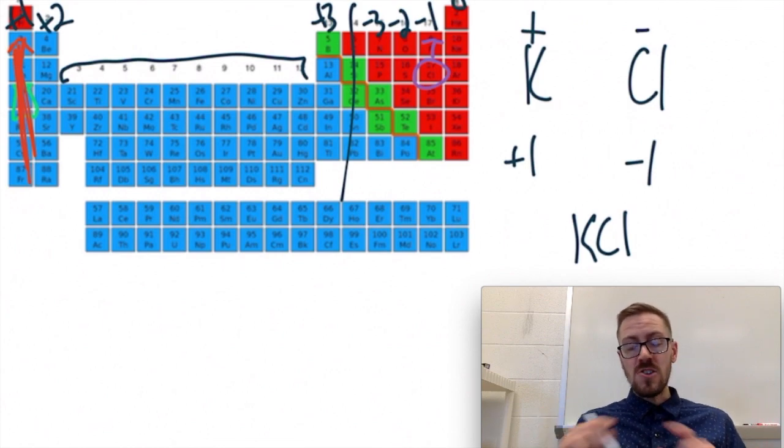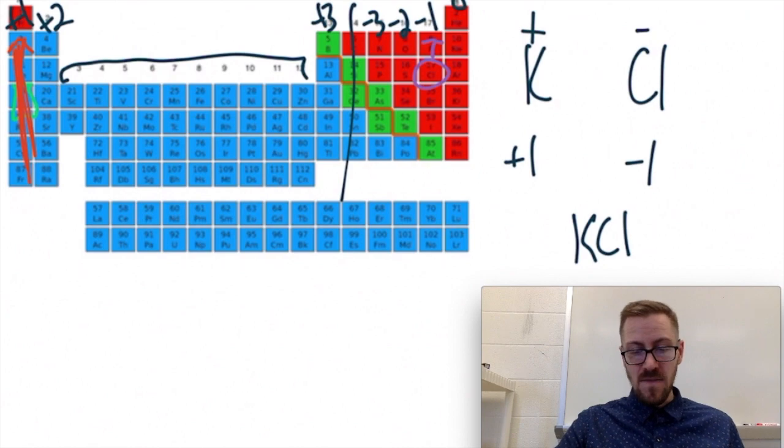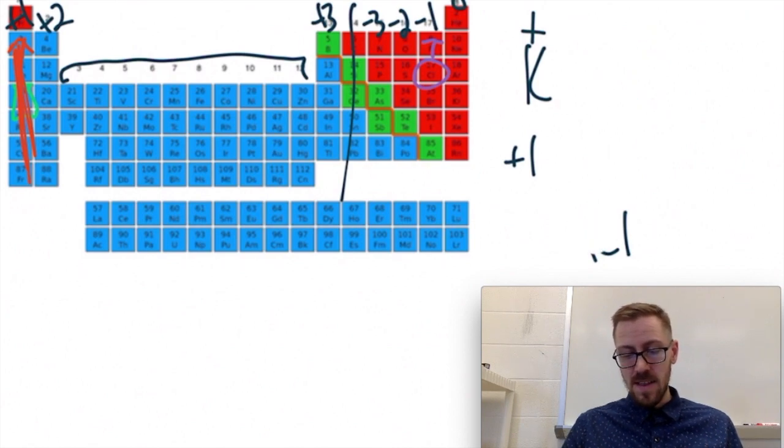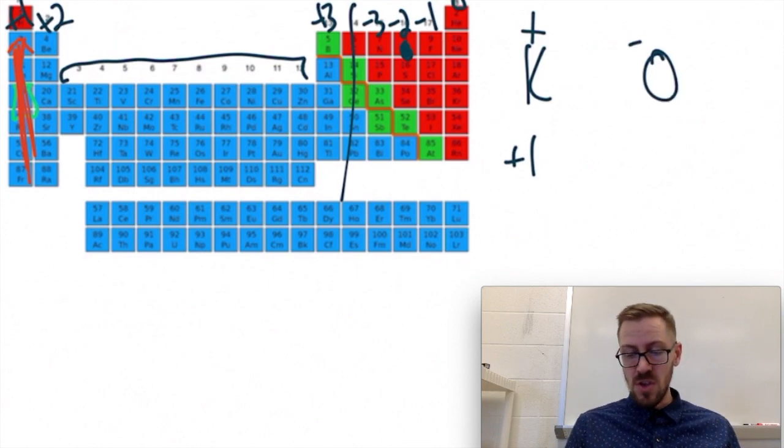Sometimes our charges don't immediately balance. So if I replace the chlorine with an oxygen, for example, oxygen is here on the periodic table, which is a -2 because it's in the -2 column. So we have 2 negative charges on oxygen.